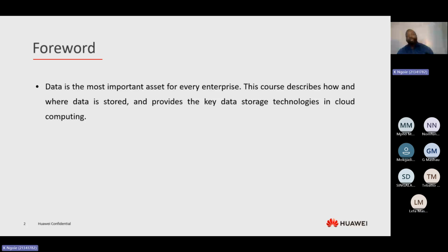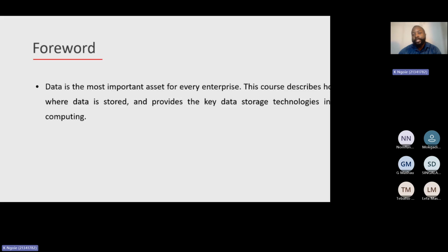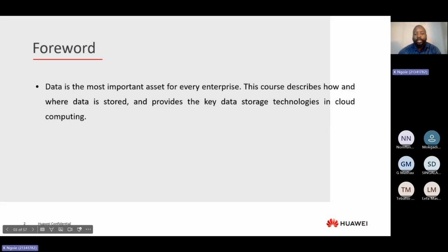Guys, understand storage is about saving data, but what about storage technology? Anyone want to give it a chance? In your own words, in your own understanding, what is storage technology?